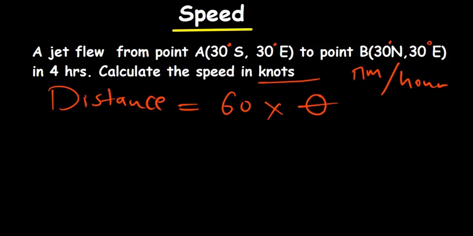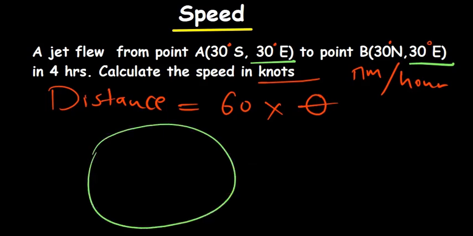So we have to understand what we are looking at here. We've got 30 degrees south, 30 degrees east. So is this point along the longitude or along the latitude? That's very key as well. So the common thing that they are sharing is what? It's 30 degrees east, 30 degrees east. East is on the right, so that is a longitude if you are to draw the circle, right?